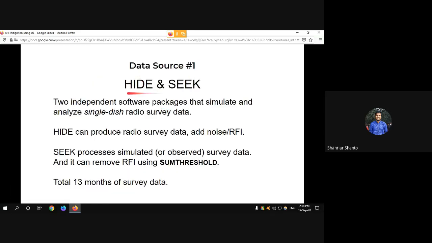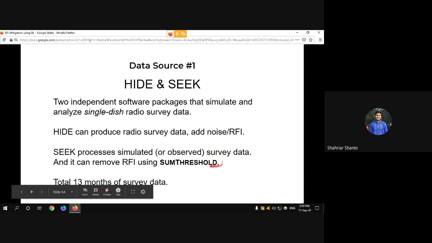So data source 1 is HIDE and SEEK, 2 independent software packages that simulate and analyze single dish, which is a keyword, single dish radio survey data. HIDE can produce survey data and add some noise or RFI, and SEEK can process simulated or real observed survey data and remove RFI using some threshold.